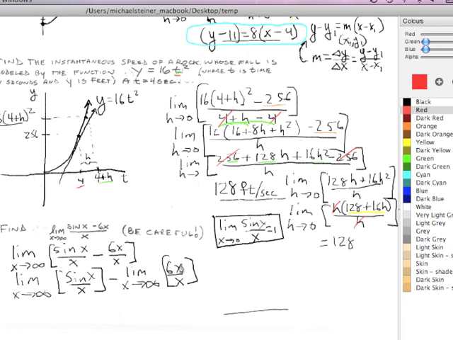Well, we can see that these x's are going to cancel, so this part right here is going to be 6. So I'm going to put a minus there. And as x goes to infinity, sine of x just goes back and forth between minus 1 and 1, and x goes to infinity, so this part would be 0. So the answer is minus 6.